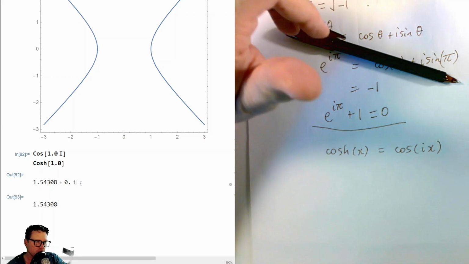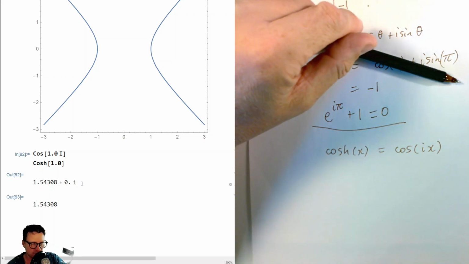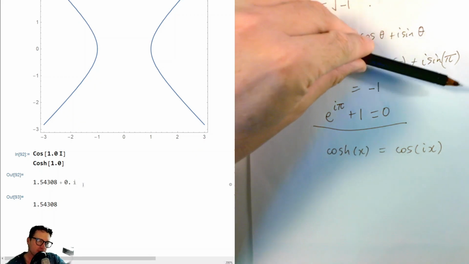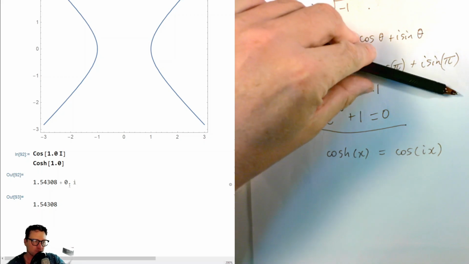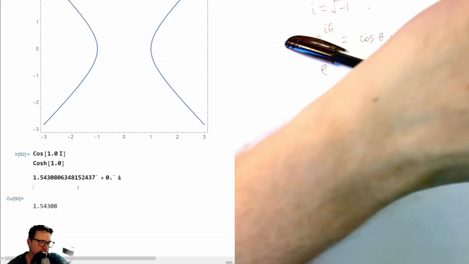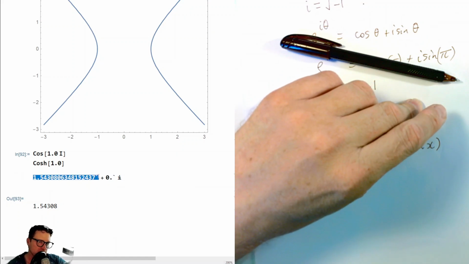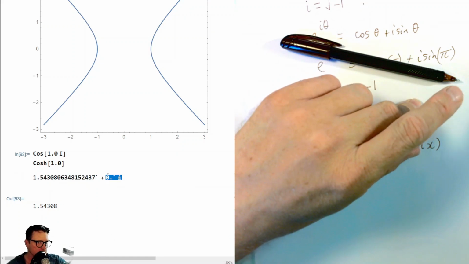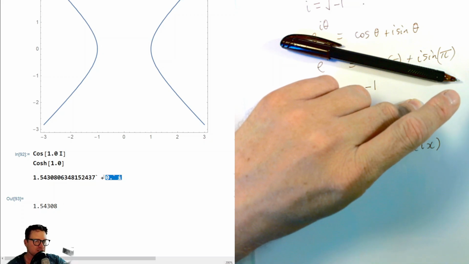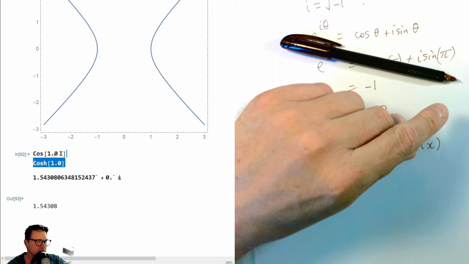Here, you see we've got an imaginary part of 0. That's the part with the i next to it. Okay, and if I press the button after that, yep, it's still 0, right? We've got more decimal places on this one, but this one is still 0. So these two things are the same, right?